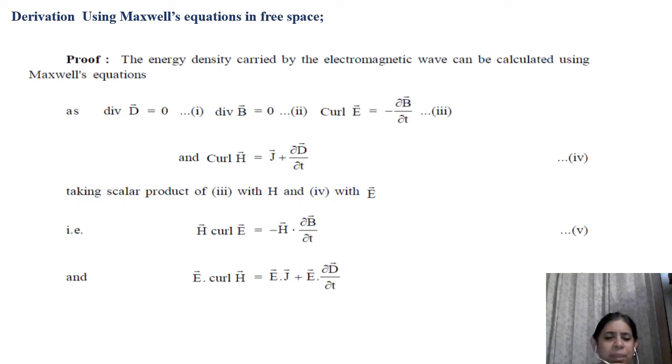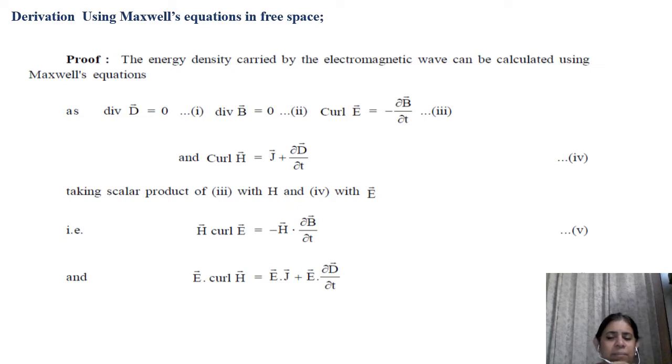Curl E equal to minus del B by del T is Faraday's law. Now first of all we take a scalar product of Maxwell's third equation with H, and Maxwell's fourth equation with E. Both sides take a dot product with H in the third and E in the fourth. So we get equations number 5 and 6.